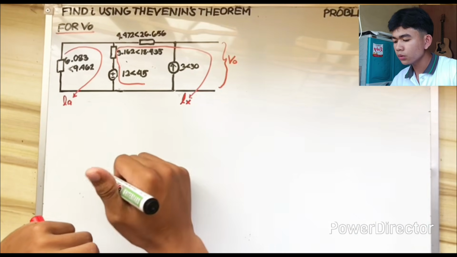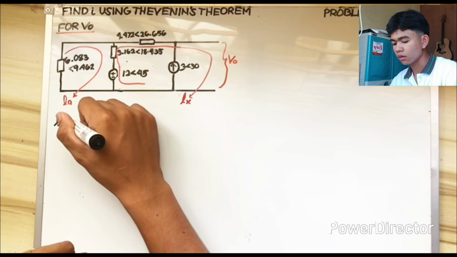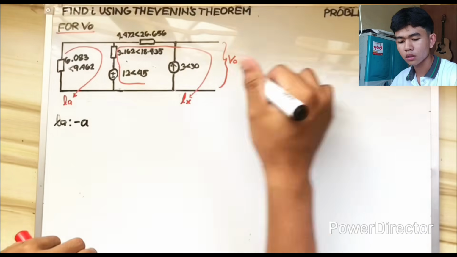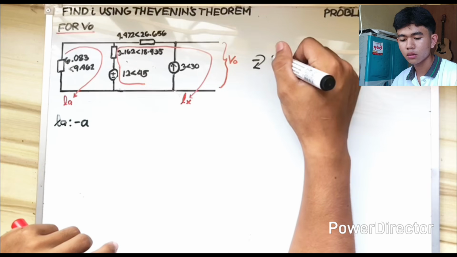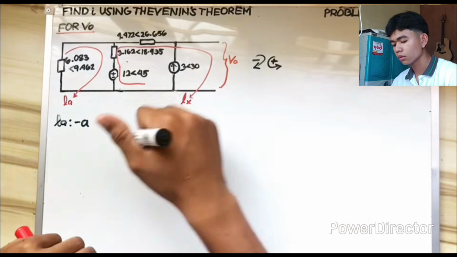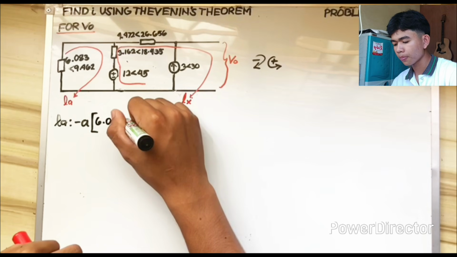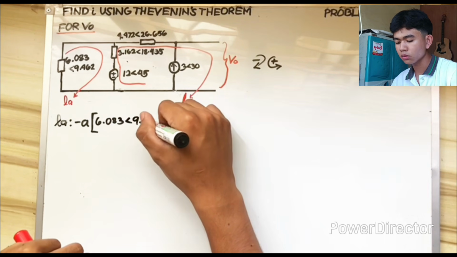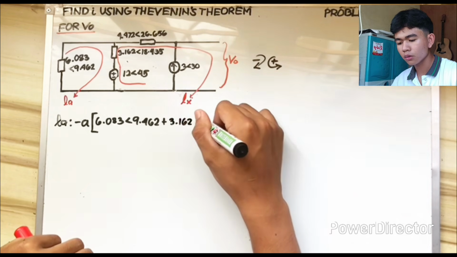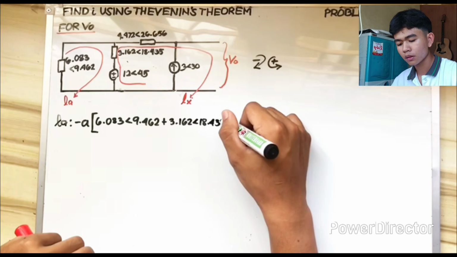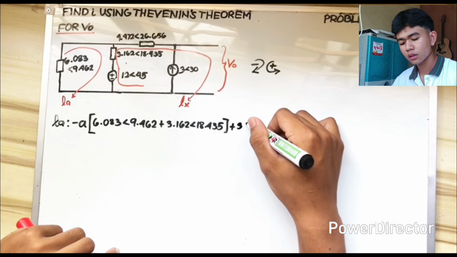Using loop analysis, the loop of A is negative A, because we have a rule that a loop going clockwise is negative and a loop going counterclockwise is positive. So the impedance of 6.083 angle 9.462 plus the impedance of 3.162 angle 18.435 plus the current of 3 angle 30.